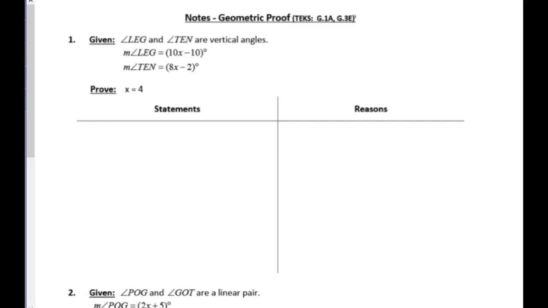Alright, notes for geometric proofs. This is similar to the warm-up from Friday. If you're given all of this, okay, then all of this is going to be given, okay?